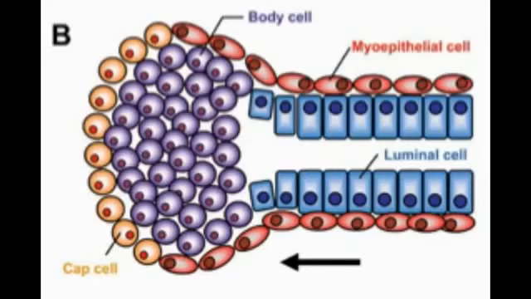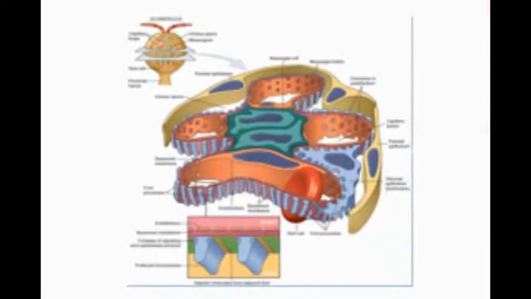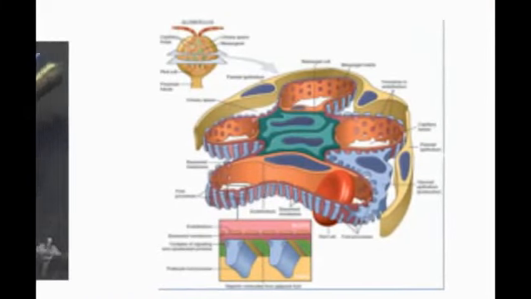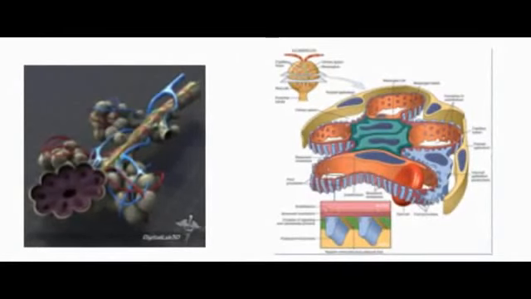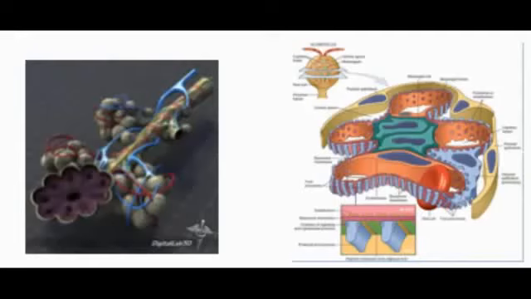Okay, at the bottom of the slide, you see again the comparison between the organization of the cross section of the ductal system. On the left side, if you make a cross section through the gland, the organization of the ducts is again the same like in the cross section of the Bowman capsule inside of our kidney and in the cross section of the alveolus sac inside of our lungs.